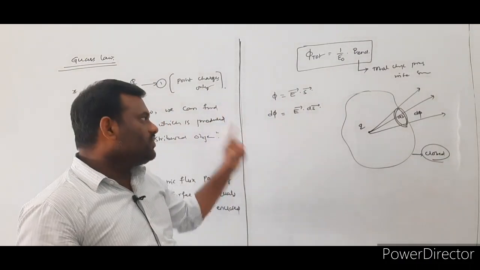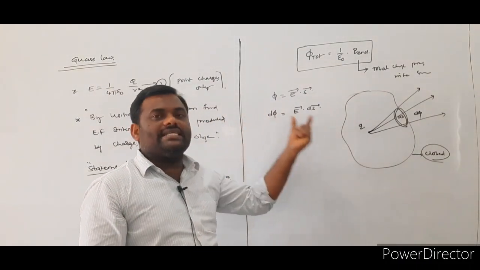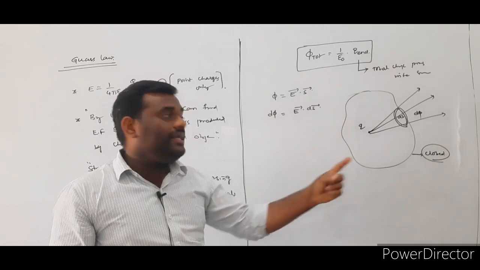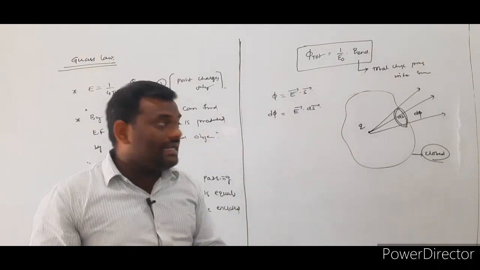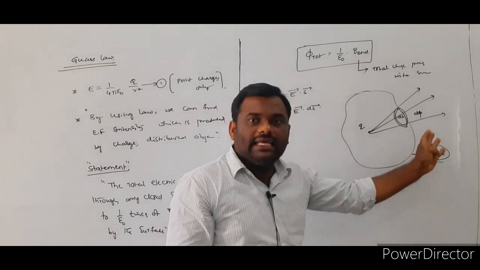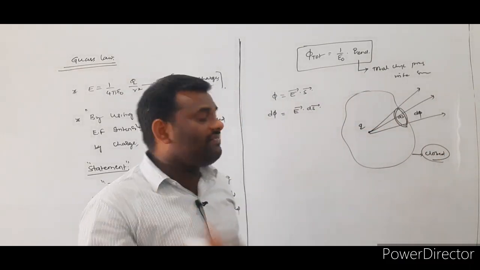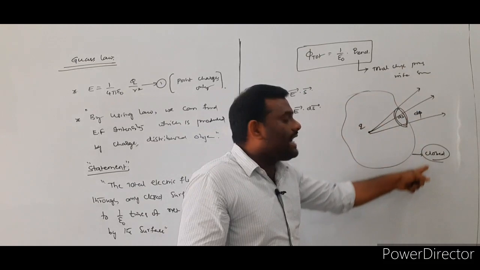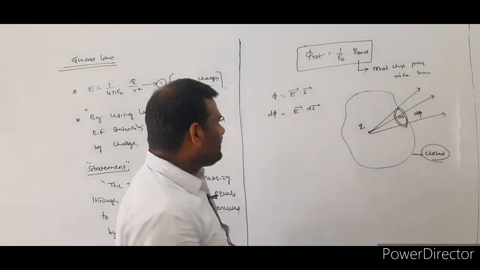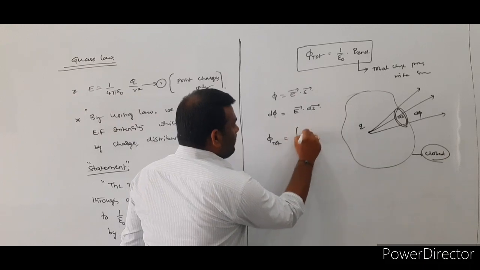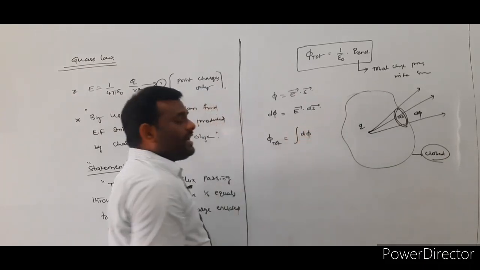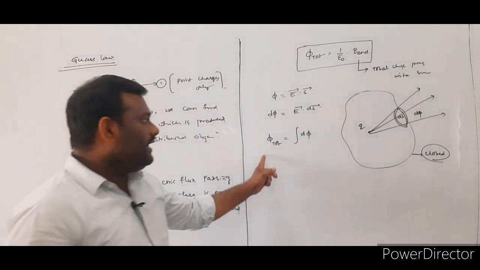So the flux passing through the smaller area is equal to E bar dot ds bar. If I want to calculate the entire flux passing through the entire closed surface, what do we do?